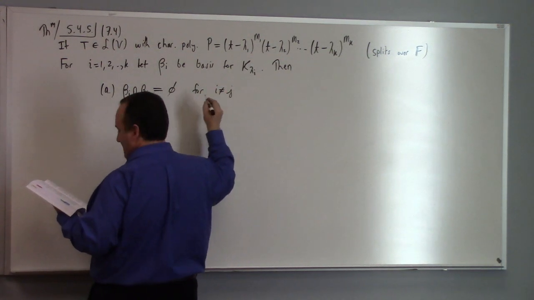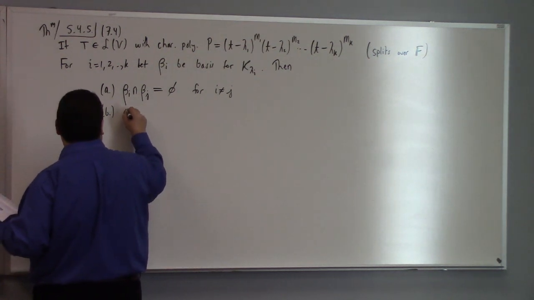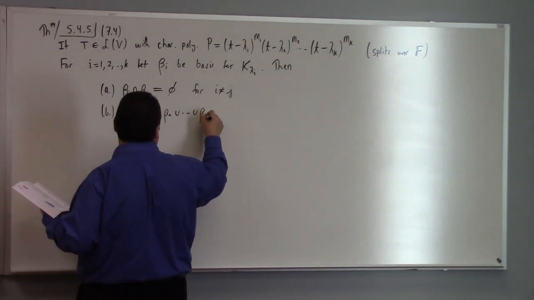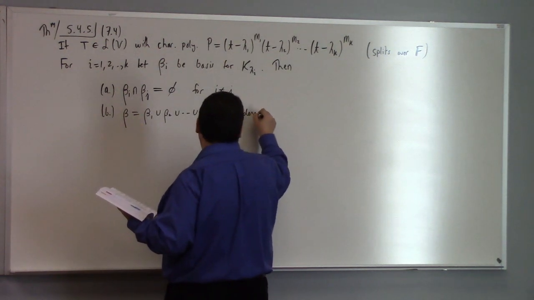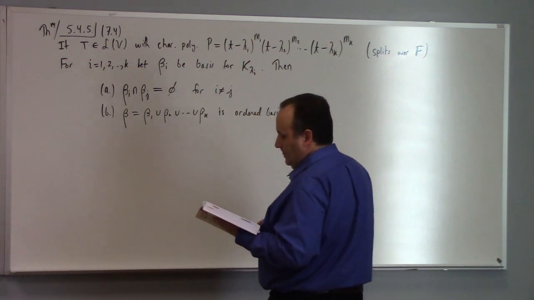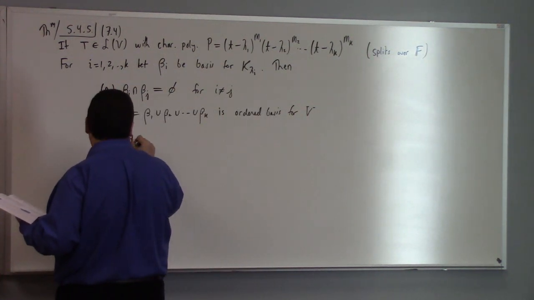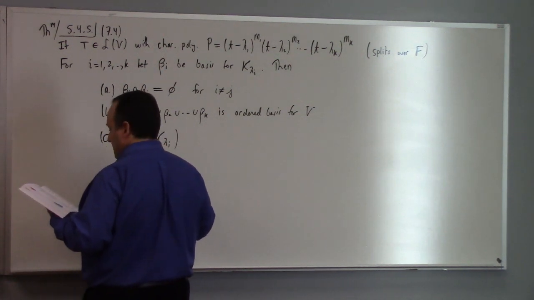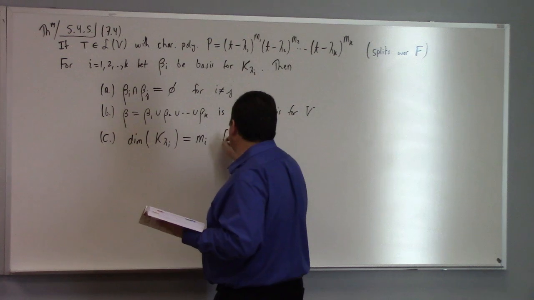Obviously, if I is equal to j, it's kind of silly. And B: beta, which is the union of beta 1 all the way through beta k, is an ordered basis for V itself. And then C: the dimension of the generalized eigenspace is equal to the algebraic multiplicity of the root, for all I.